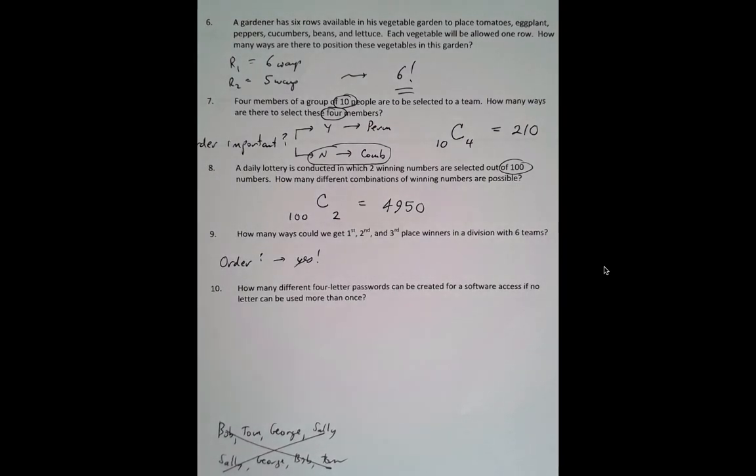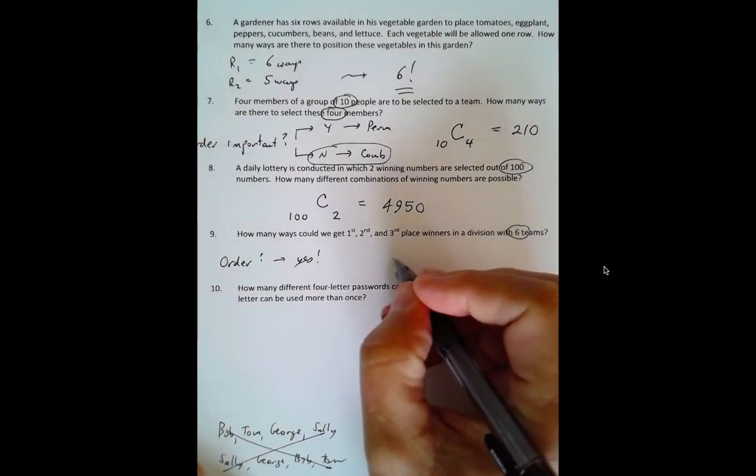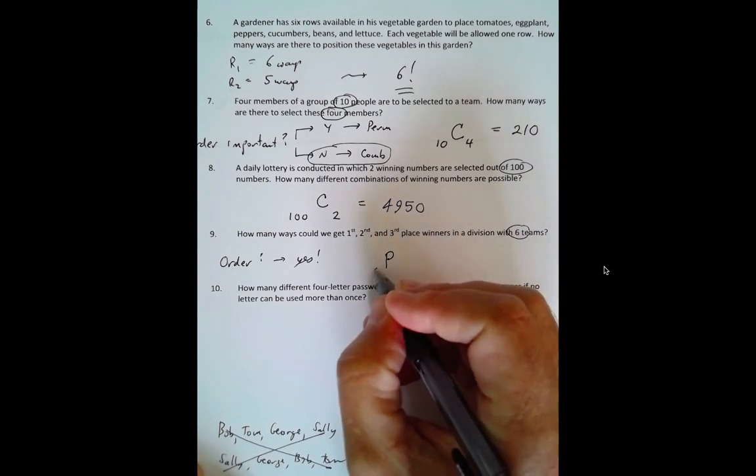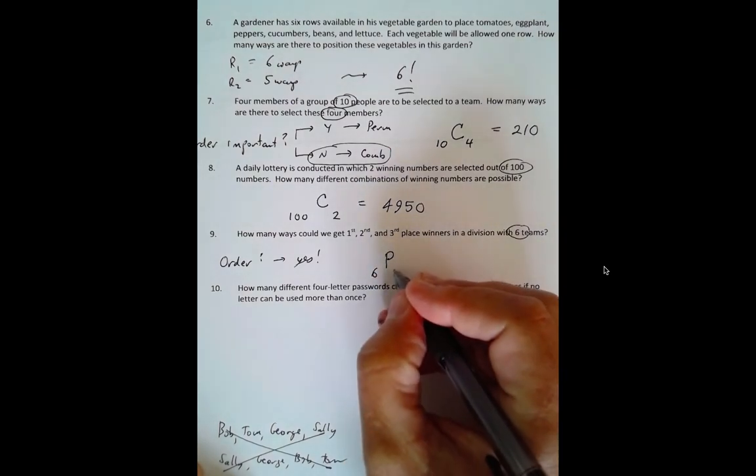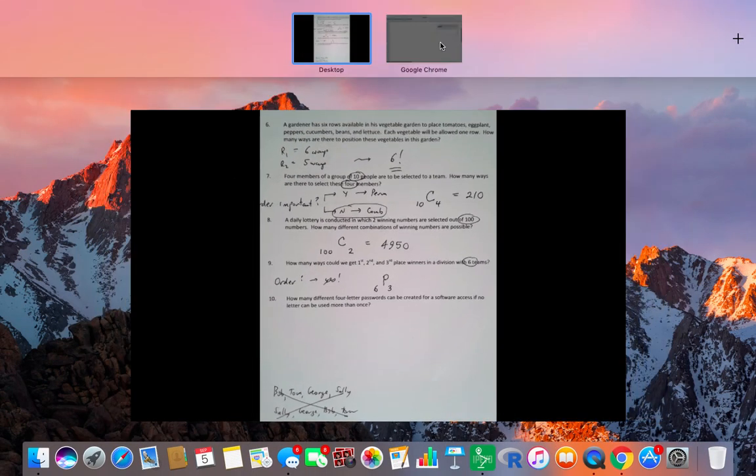Arrangement matters, so order does matter. So we have 6 total, so we're going to do a permutation, 6 choose 3. All right, 6 teams? Yeah. So let me show you how to do that.